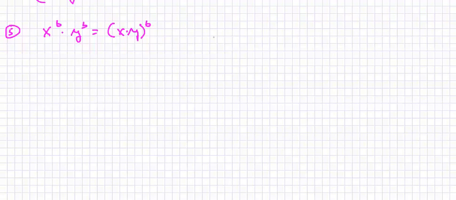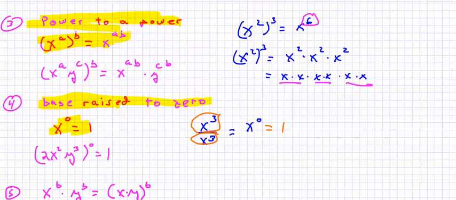If you look up here, rule number 3, if we had 2 numbers raised to a base, raised to an exponent, we just multiplied the exponents.